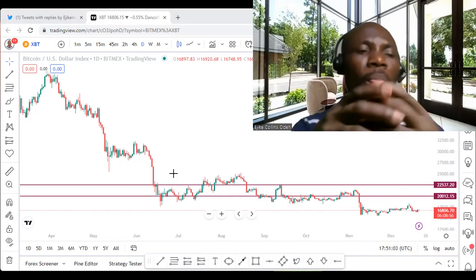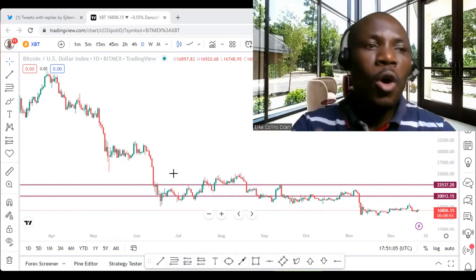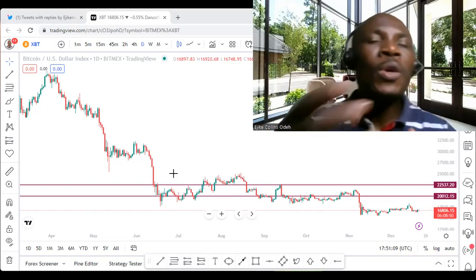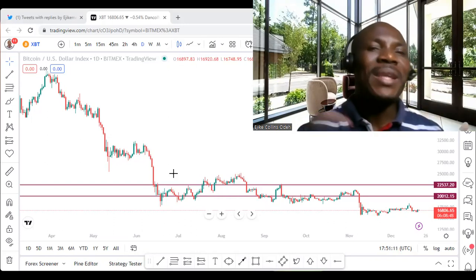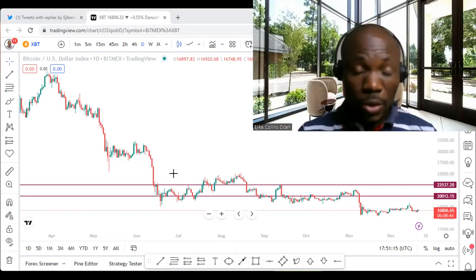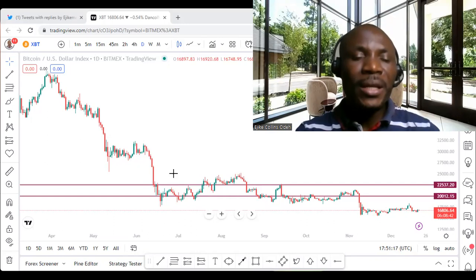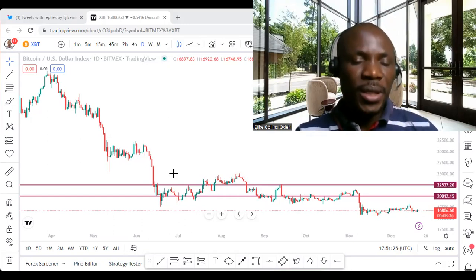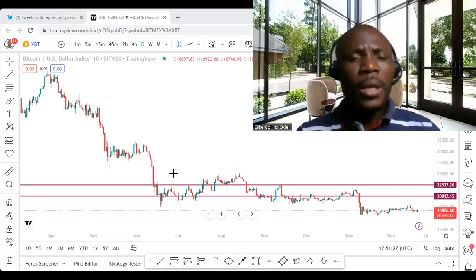Basically, one of the ways to identify reversal is by price action. Pay attention carefully before we go into the chart to see it in a real-life experience.